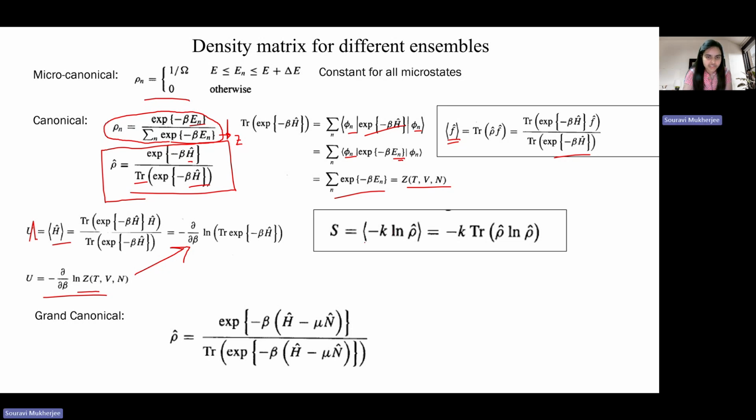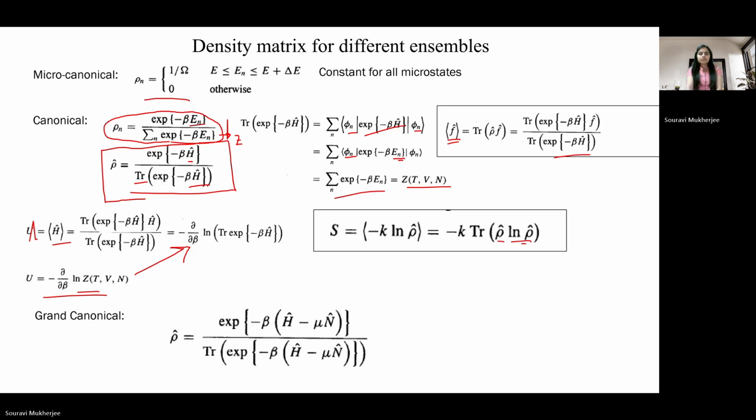Remember that when you did an expectation value, you used to multiply with the probability density and then integrate. So in the matrix formulation, this summation or integration is replaced by the trace of the matrix, and you're multiplying rho with whatever quantity you're trying to find the average of.